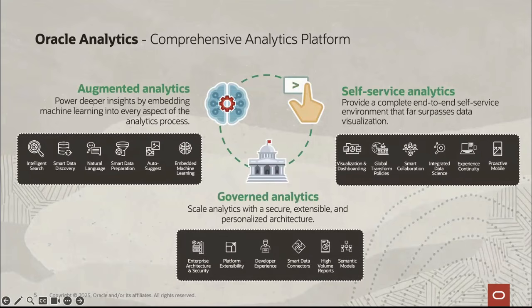Today we'll be focusing more on the augmented analytics portion, talking about machine learning, how we can import our machine learning models from different services in OCI and then use the native ML tools within OAC as well. But you can also scale and extend out to an enterprise level with this tool with different roles and also taking advantage of enterprise security and architecture of OAC.